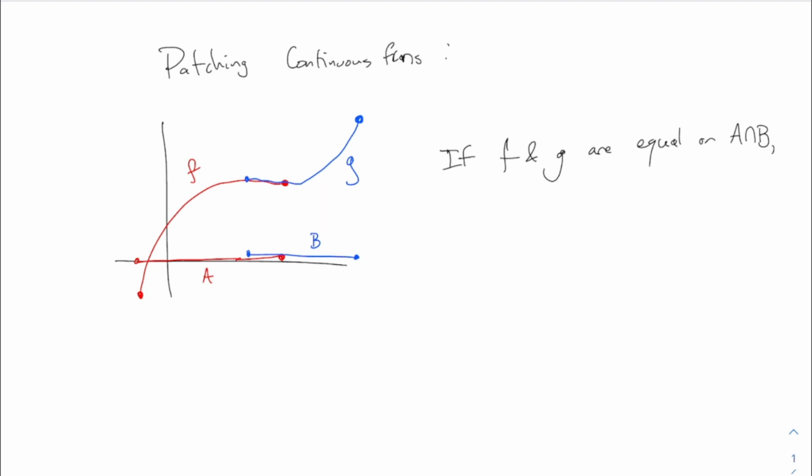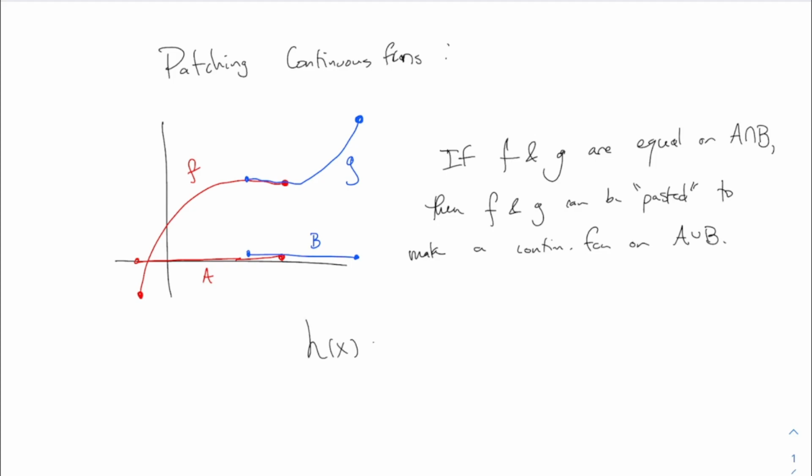If they are equal on the intersection, then F and G can be pasted together to make a continuous function on the union, A union B. If each of them individually is continuous and they agree on the intersection, you can glue the two functions together, and it makes a big continuous function on A union B. And in fact, we can write down what that function would be.